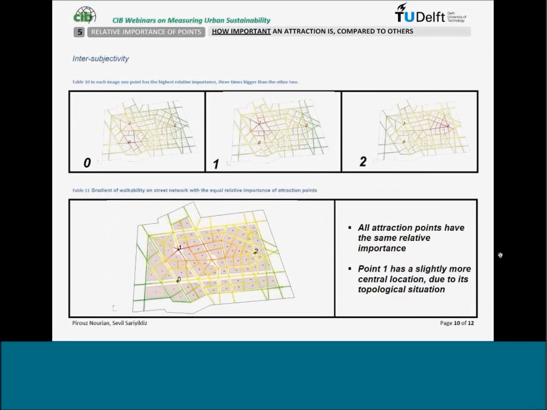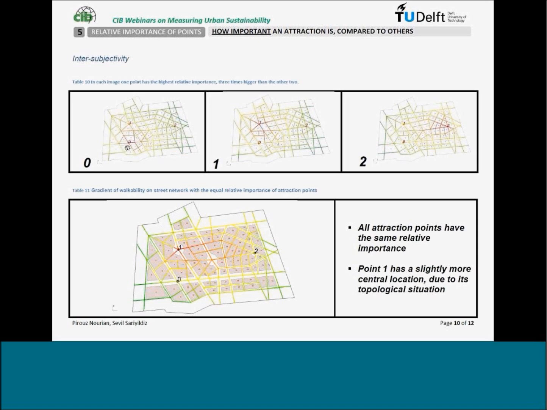And of course, in aggregation of these measures, it matters how important one attraction point is considered to be as compared to the others. When all points have the same relative importance, we get a map like the one below, and when the user specifies an unbalanced set of weights or relative importance figures for the points, we get biased gradients of walkability, respectively.